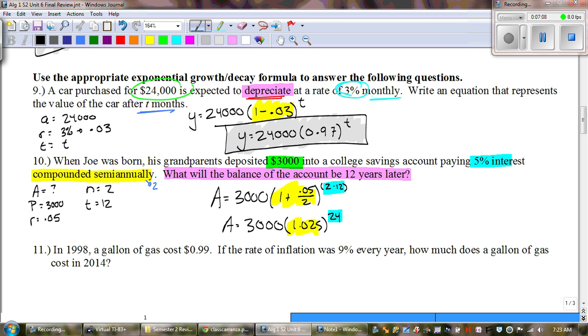Now I'm going to make you do the rest. Go ahead and plug it in your calculators and tell me what you get. You should have gotten that A equals $5,426, and then we had to round that last to 18 cents.